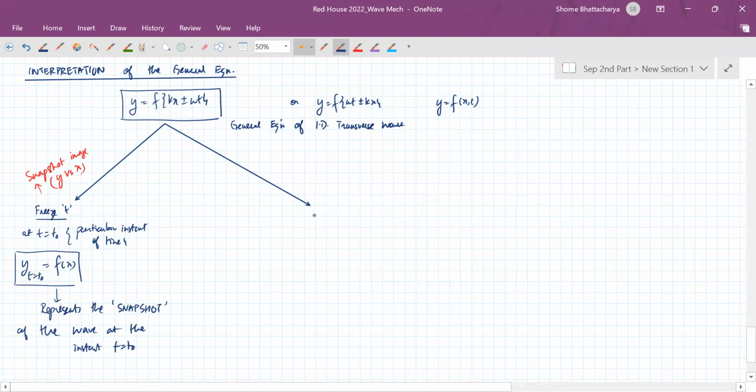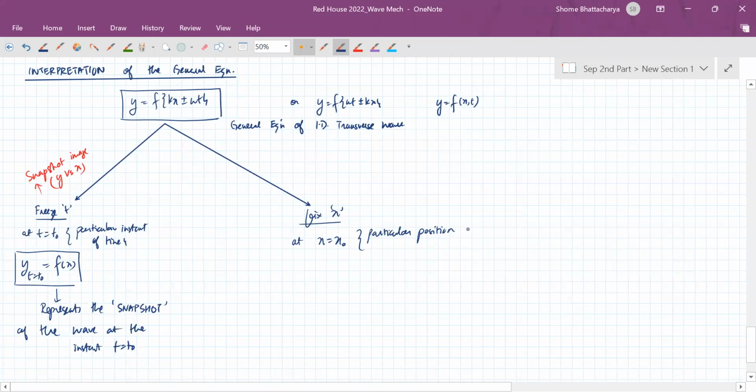Whereas on the other hand, if you fix x, let's say at x equal to x naught, this represents a particular position on the x-axis, which is nothing but the medium.